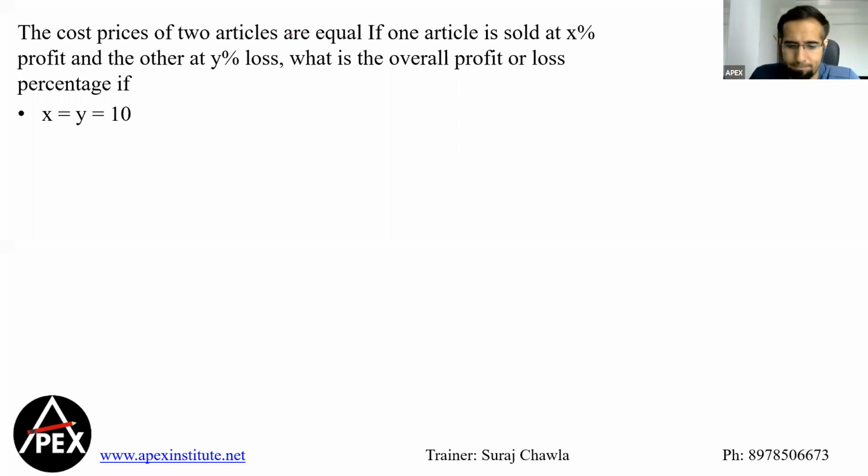Now, if I go ahead in a basic manner, I assume the cost price is equal to X here and the cost price is equal to X here. Now, one article is sold at X% profit and the other one at a Y% loss. Let's say the profit in the first one is going to be 10% of CP, and the loss in the second one is minus 10% of the same cost price. If you look at it, the overall profit or loss is equal to 0.